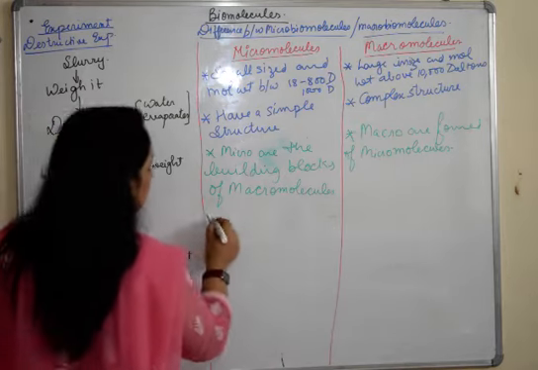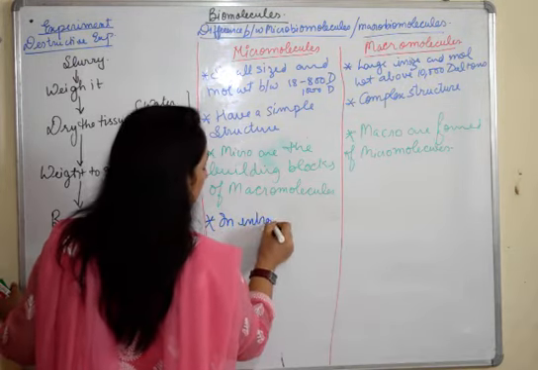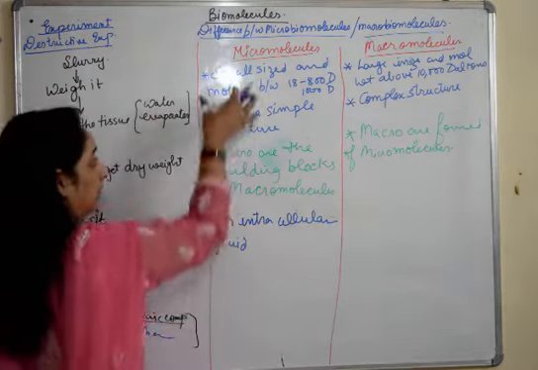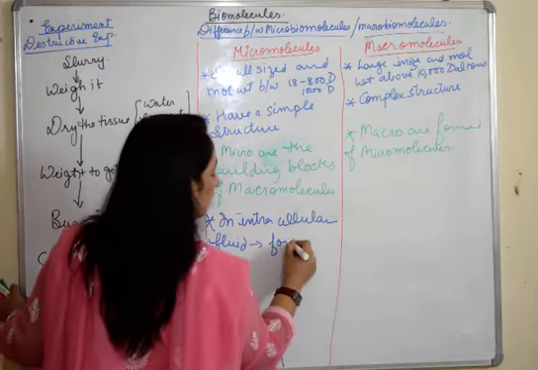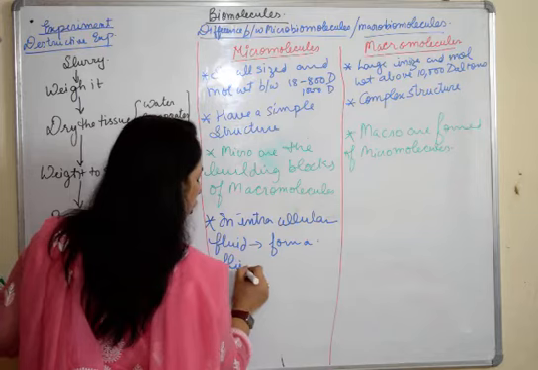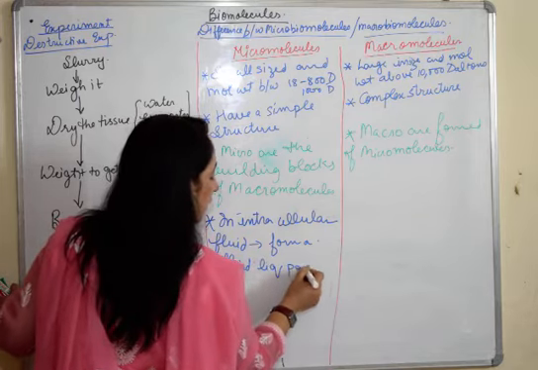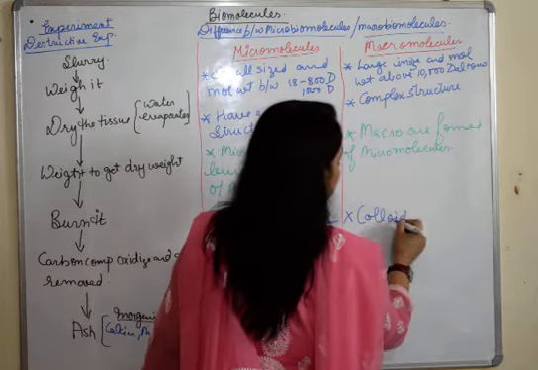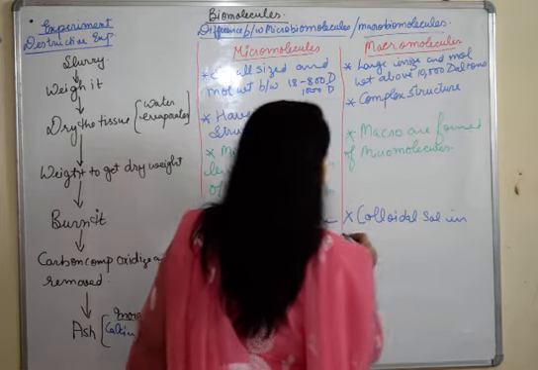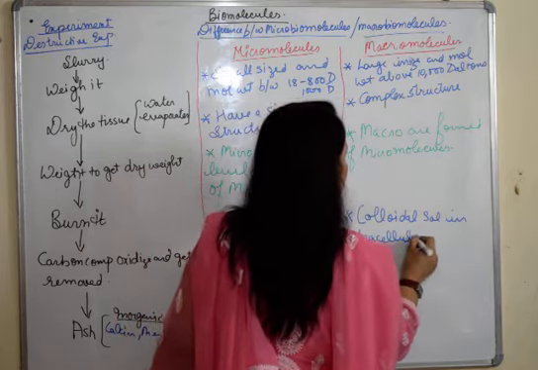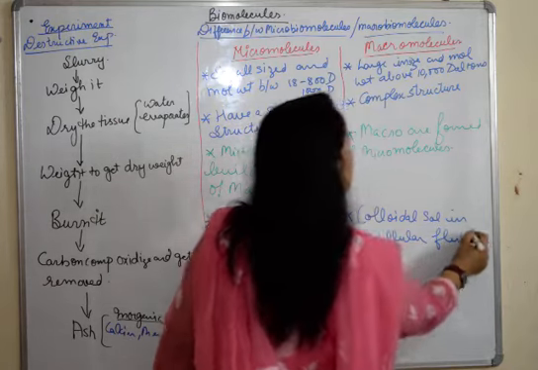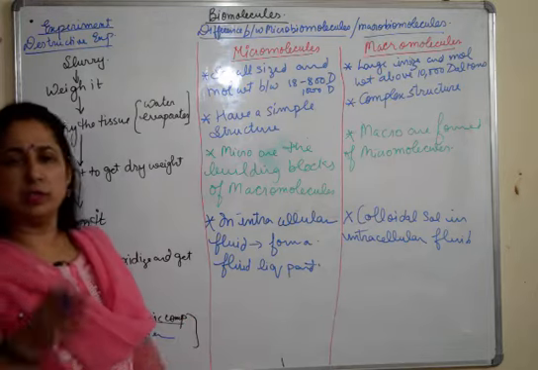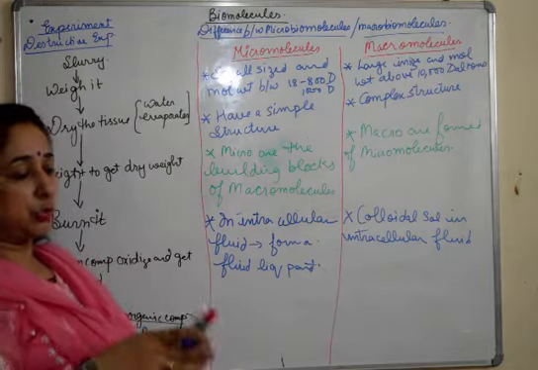Then in intracellular fluid, these micromolecules just form a fluid like or a liquid part or solution, you can say. Whereas macromolecules form a colloidal solution in intracellular fluid. Inside the cell, the macromolecules form a colloidal solution, whereas the micromolecules are just a fluid or a normal solution.